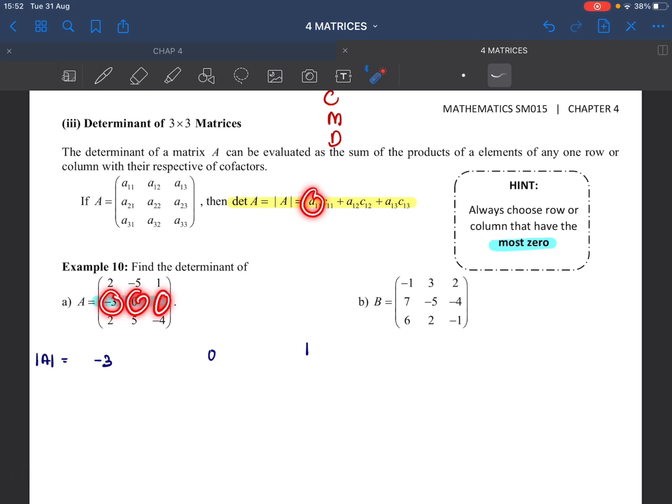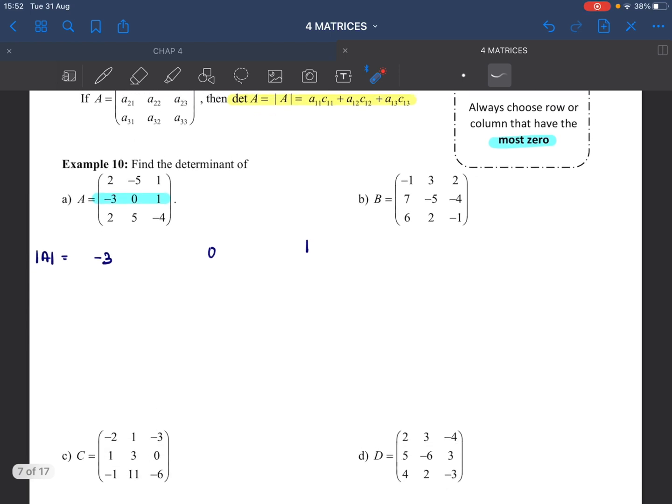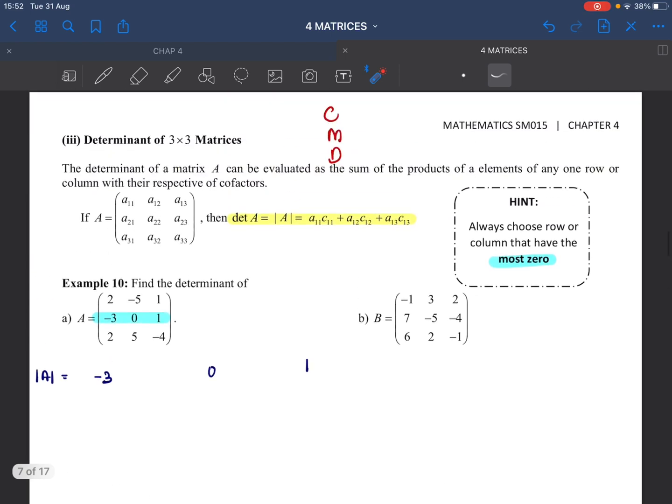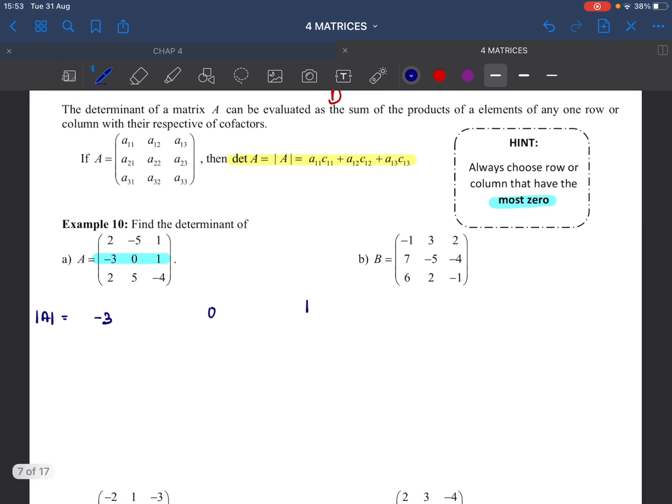That is our A. Okay, so 1, 2, 1, 1, 1, 1, 2, 1, 3 depends on you, which row or column you want to choose. So we write first. And next, it will become the cofactor, minor, and then we are going to get a determinant. So the cofactor is the sign. Okay, positive, negative, positive. So as you know, what is the sign here? What is the sign in this second row?